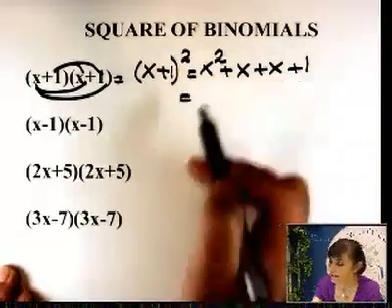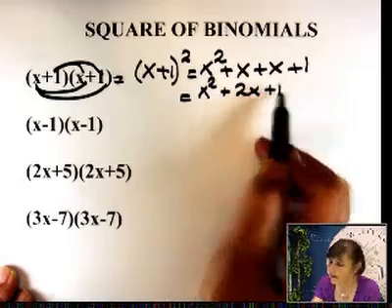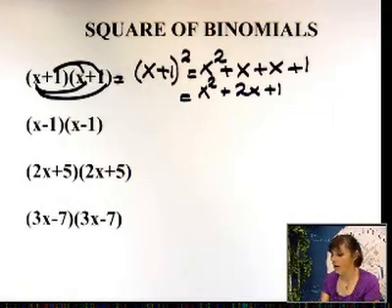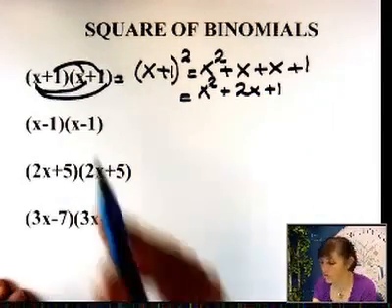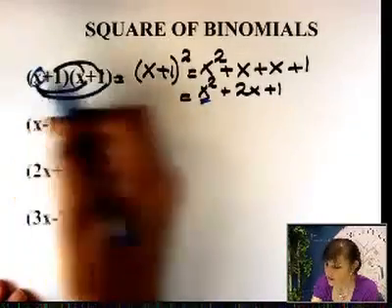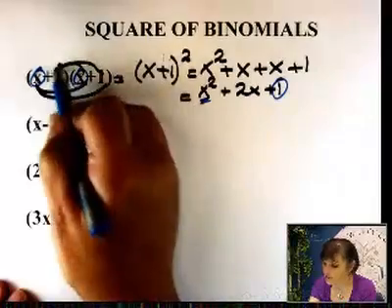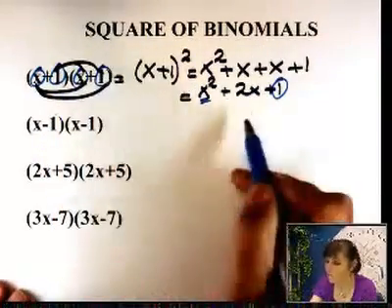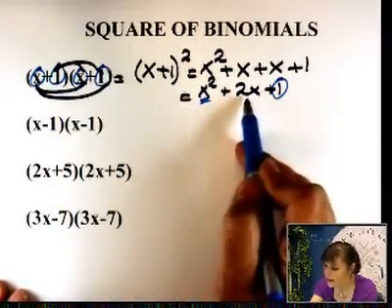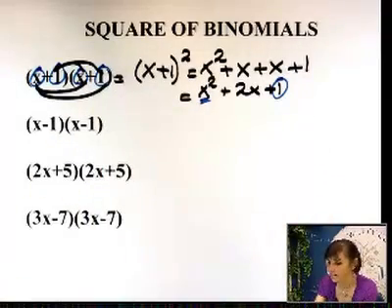And combine the middle terms, x squared plus 2x plus 1. Look how this works. And this one is a special case. The first one ends up being the square of the first term. The last one ends up being the square of the last term. And the middle term is going to be 2 times first and last because they are identical.